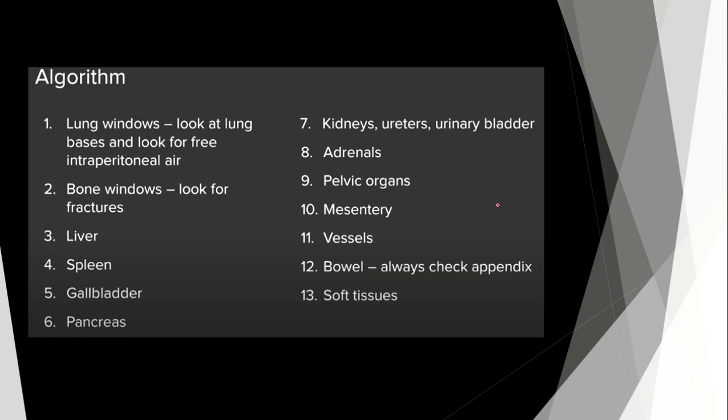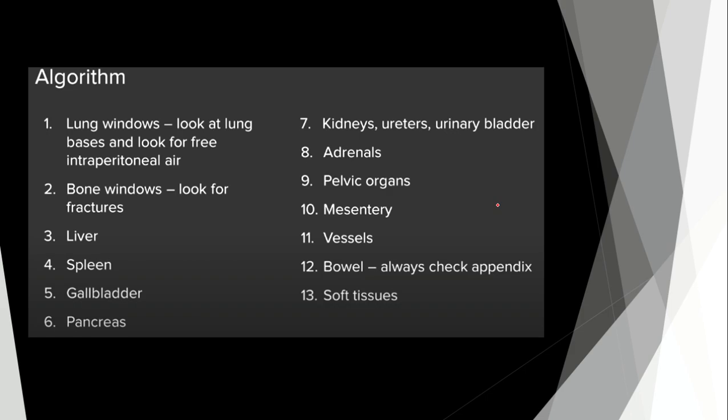If you want to make a good assessment of your CT scan, you must follow some algorithm. I took one algorithm from the internet and I show it here, but you can use your own algorithm. It doesn't matter in which order you check every organ.